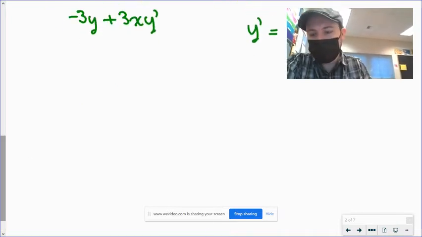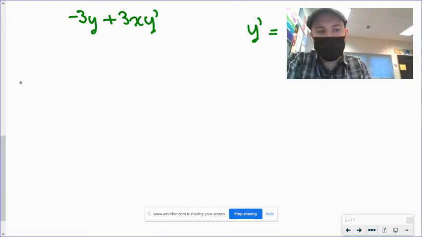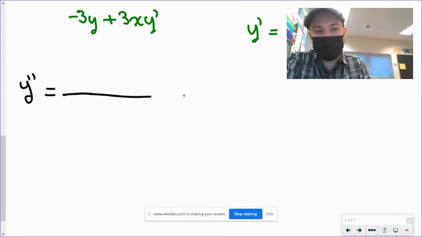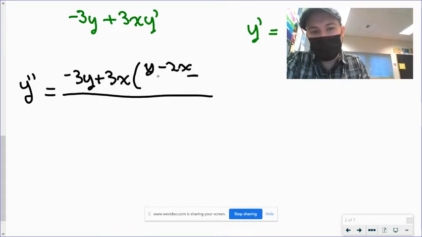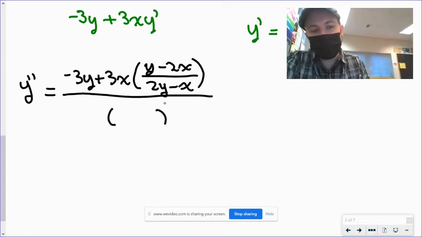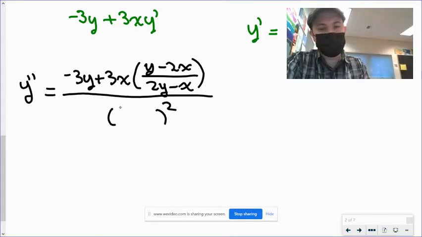So I think I'll go back to black here. There we go. So y double prime is equal to negative 3y plus 3x times y minus 2x over 2y minus x, all over that denominator squared. Anybody remember that? What was it? 2y minus x, thank you.